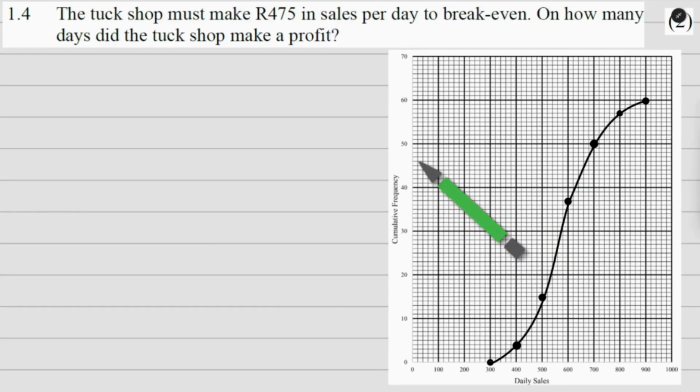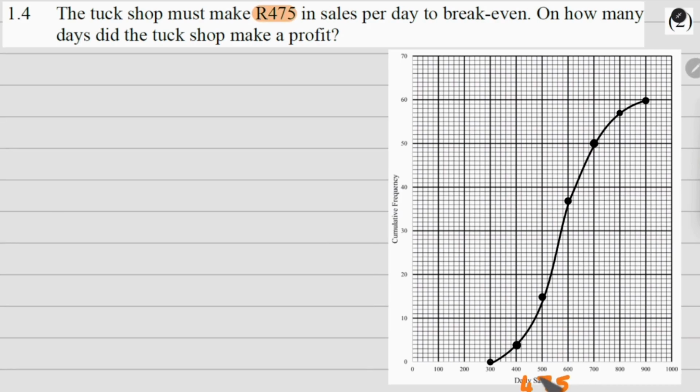In question 1.4, the tuck shop must make 475 Rand to break even for the day. How many days did the tuck shop make a profit? So we're going to grab this 475 and we're going to find it on our daily sales axis. It's going to be roughly somewhere here. And then we're going to follow that up to our Ogive, and we're going to follow it across to the y-axis.